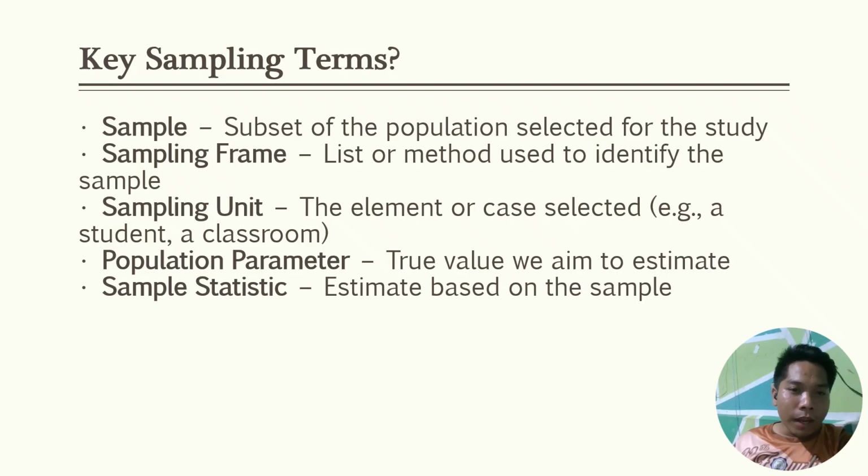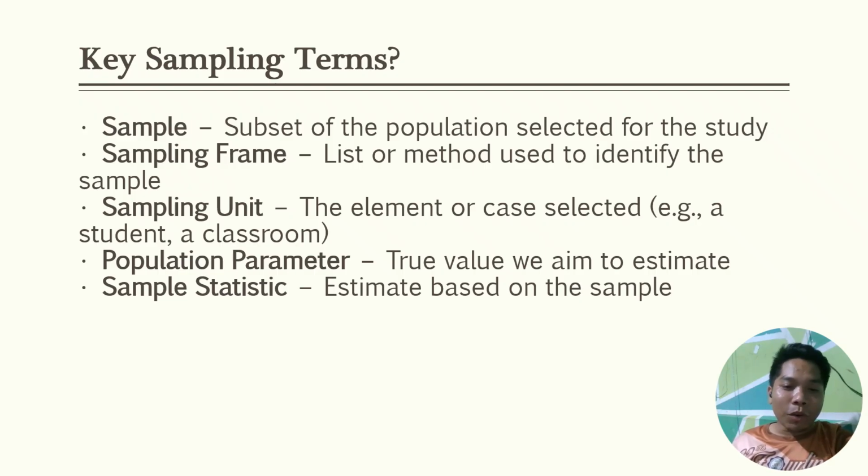On the other hand, the sampling frame is the actual list or method you use to pick the sample, such as class roster or school directory. You could also use attendance sheets or any actual list or method to pick your sample that is considered your sampling frame. You also have this sampling unit.